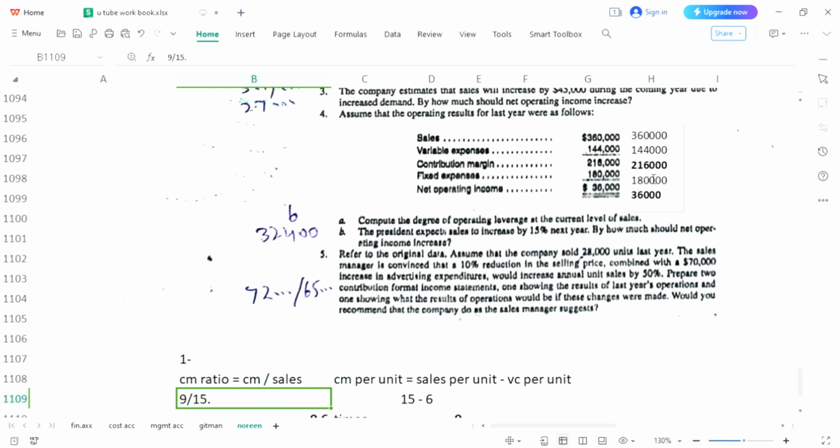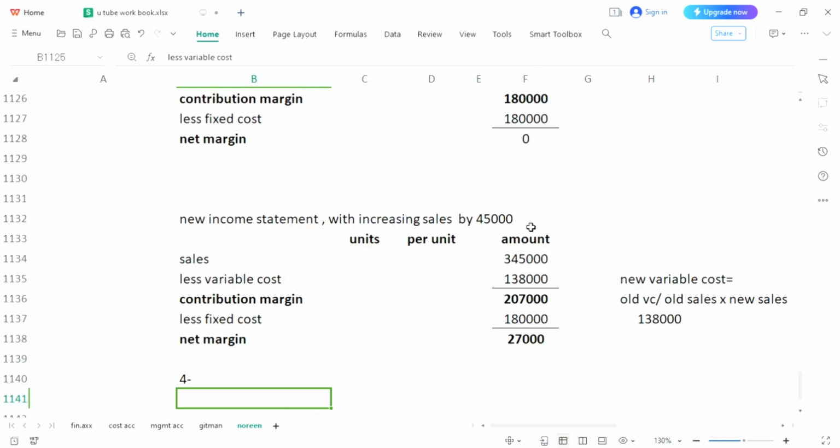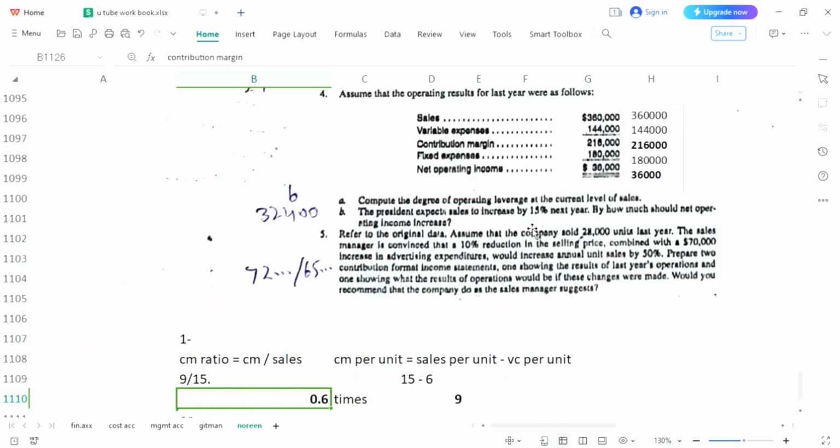The first requirement for 4 is to compute the degree of operating leverage. And I'm very hopeful some of you must have in mind the formula of degree of operating leverage. Let me see the spelling.